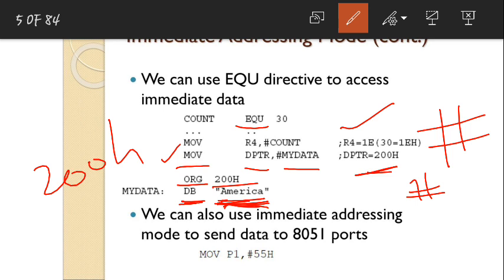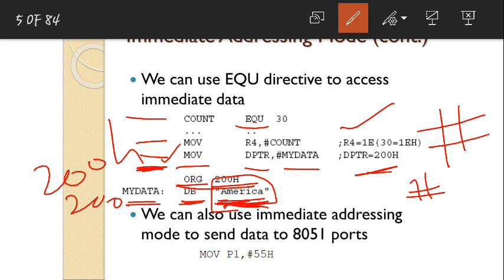So from there, whatever this location, whatever these addresses where this program was written, we are not bothered about that. Wherever the controller was, whichever location it was, whenever it sees this instruction, it will directly jump to 200, and from this 200 location I am storing this value, America, in ASCII. Okay, by giving some label, that is my data.